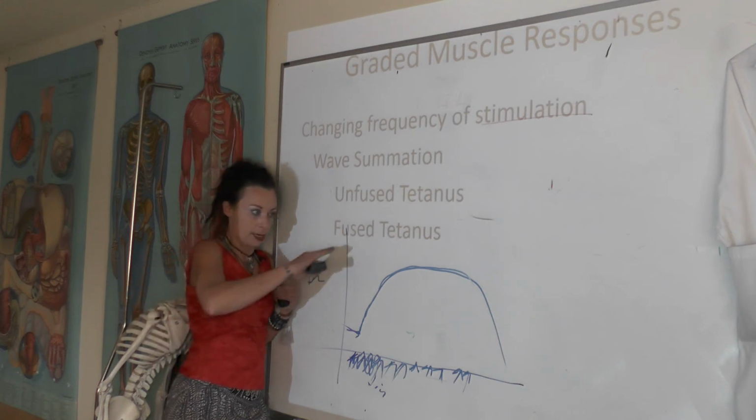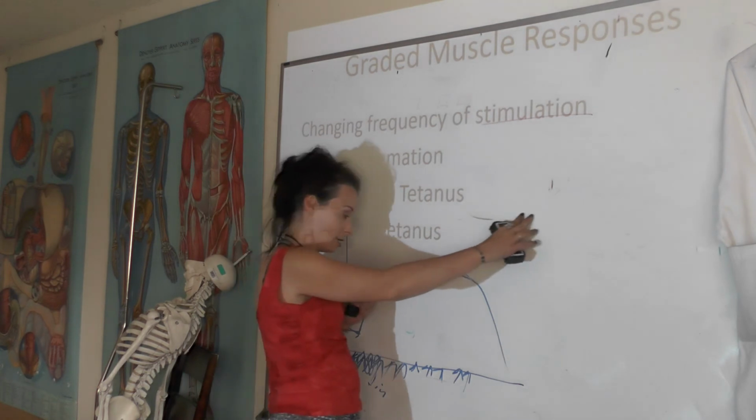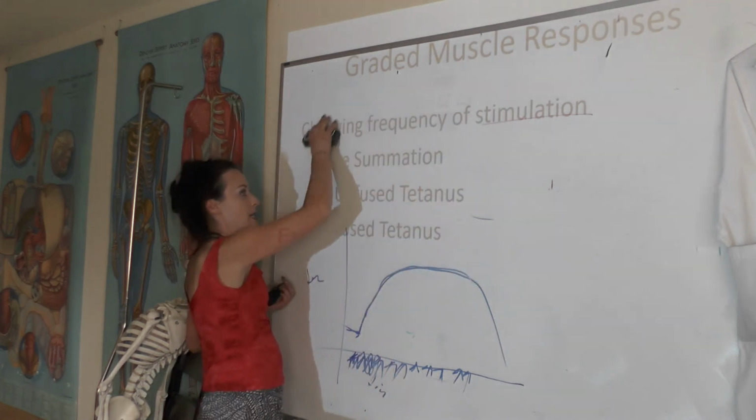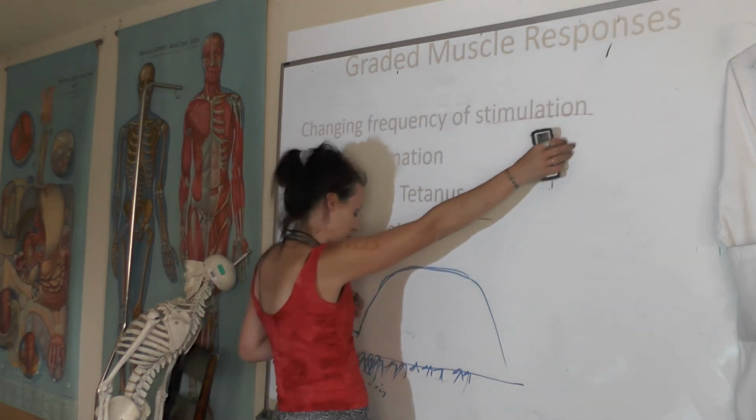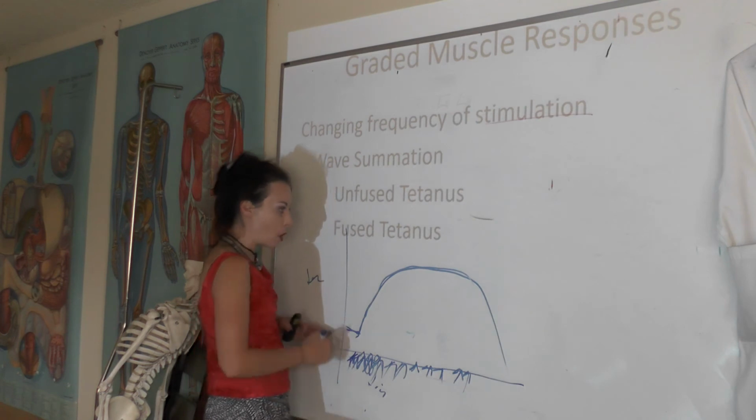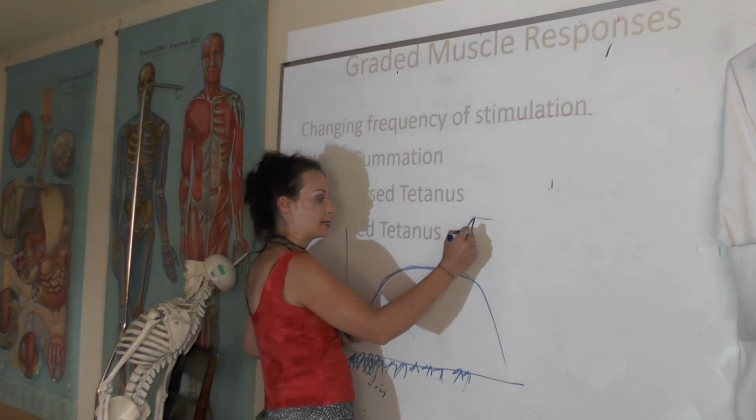Fused tetanus: a constant amount of tension that's delivered because we increase the frequency of stimulation so high that there is no period of relaxation.